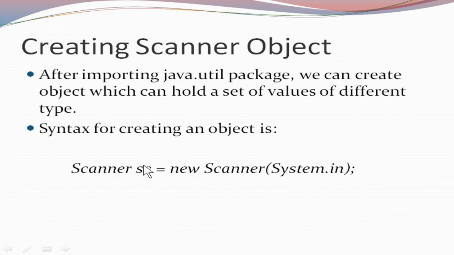I use se because it relates to Scanner. So se is an object, then the equal to sign, then the new operator, then Scanner again, and within parentheses you should use System.in. System.in is nothing but the input stream used. Here it will be the keyboard. Whatever data you enter through the keyboard will be the System.in, which will be taken into the object and stored into the respective variables.